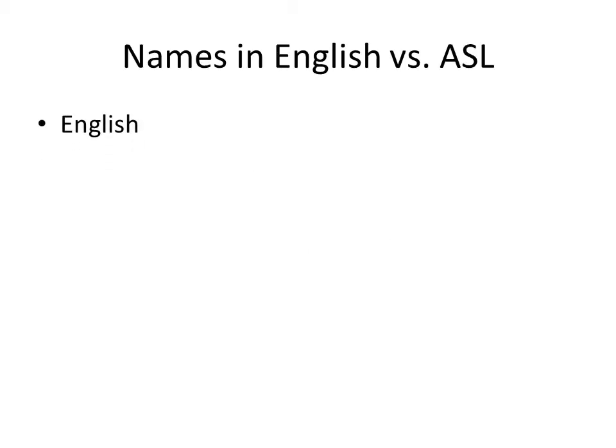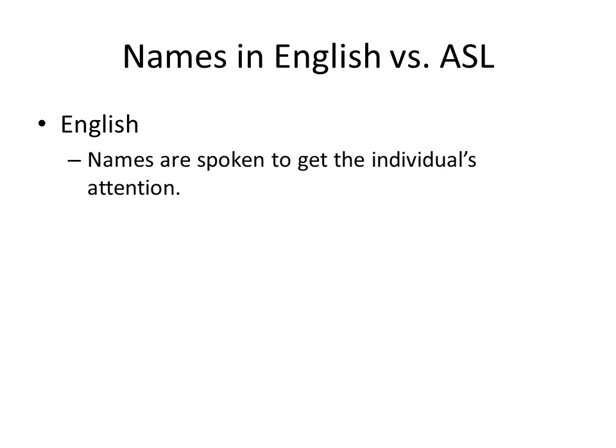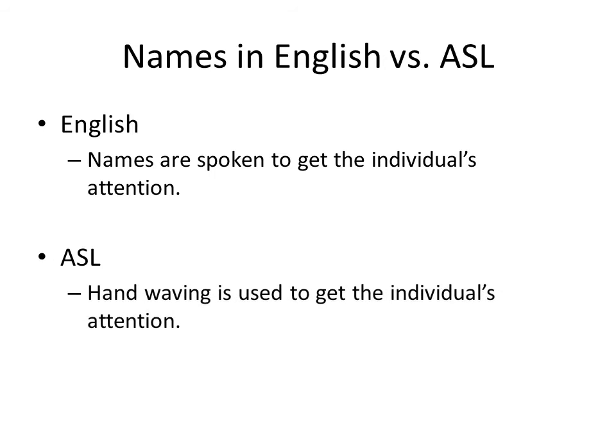Unlike name signs in spoken languages, which are used to get a person's attention when addressing the person directly, in American Sign Language, the waving of the hand vertically with the palm oriented downward is used to get a person's attention. So there is no need to sign a person's name when you're signing directly to that person.